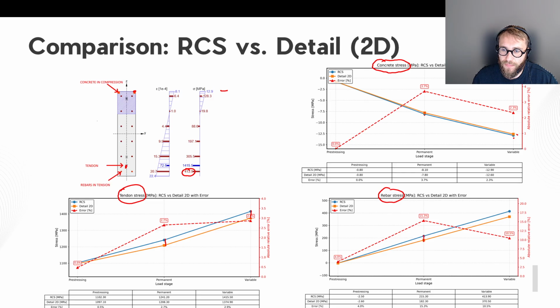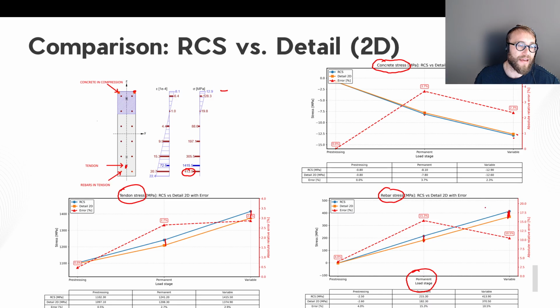As you can see, the discrepancies between the stresses are up to 15.3% for the permanent stage, where we had the biggest increment, and up to 10.5% for the variable load case, or the additional increment of the variable load case.